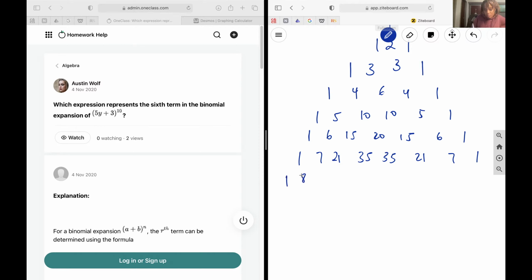We get 1, 8, 28, 56, 70, 56, 28, 8, 1, 1, 9, 36, 84, 126, 126, 84, 36, 9, 1.